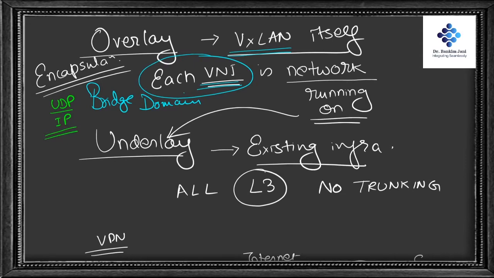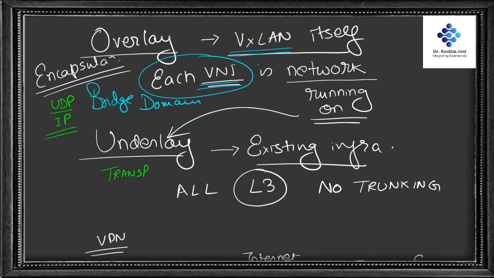But same way, when we were talking about VPN, we were encapsulating our entire data, putting it on the internet, and it was traveling. Same way, it is the overlay where we are creating this VNI network. Now that network would actually be running on underlay, but we'll be encapsulating it. So you can say that the function of underlay is transport.